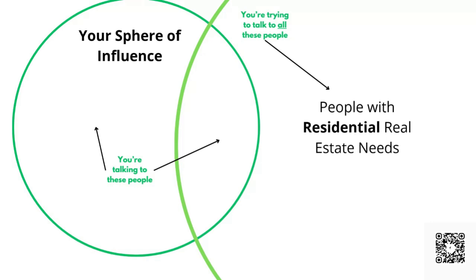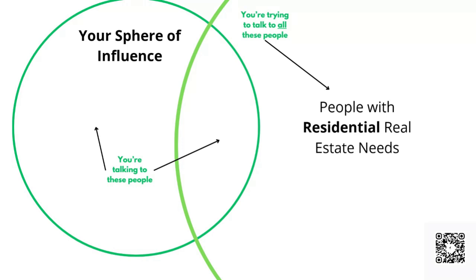But in the meantime, if you're worried about dealing with buyers and having a listing yourself, you can do this process yourself. So you've got the total pool of people with residential needs, you've got your sphere of influence, and somewhere in between they overlap, right?